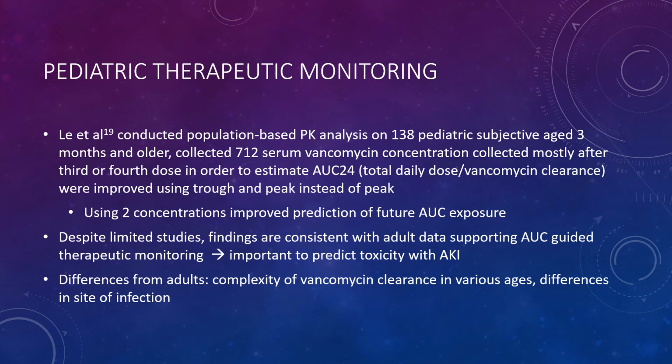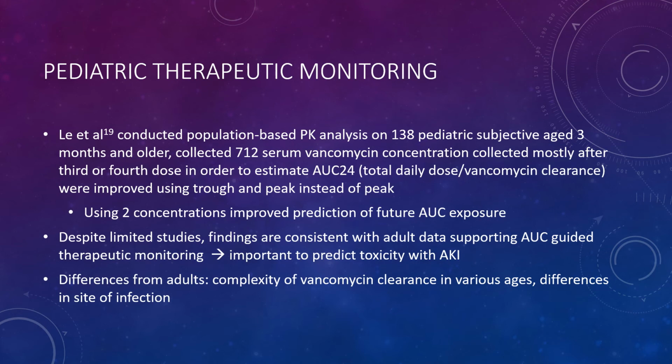And so despite limited studies, it supports using AUC-guided therapeutic monitoring similarly to adults, and this will help predict toxicity with AKI because, since clearances are different in children and pediatrics, we want to make sure we're doing all that we can.